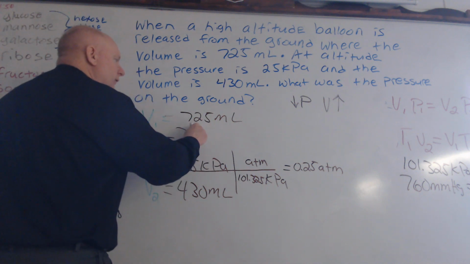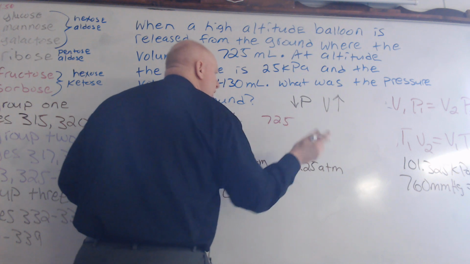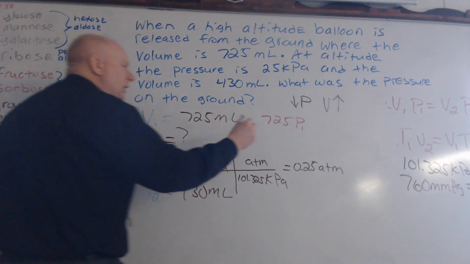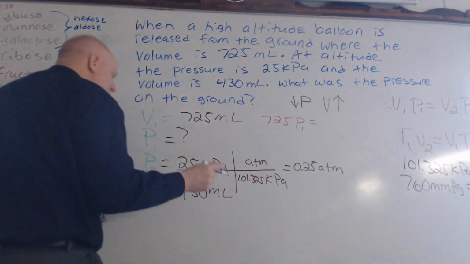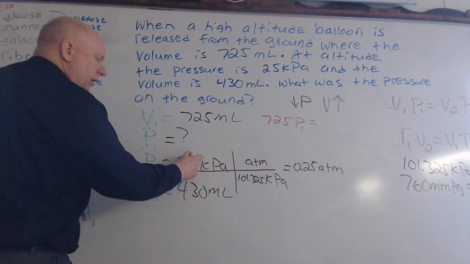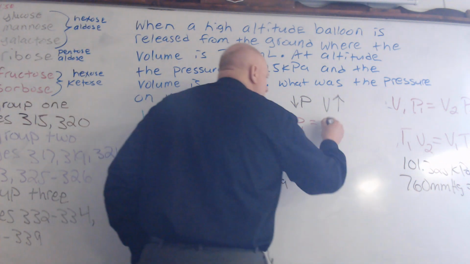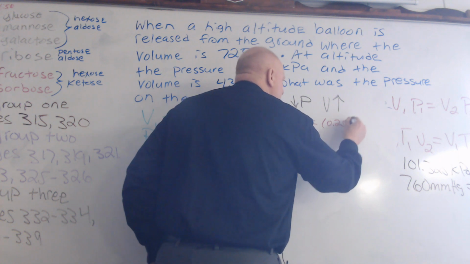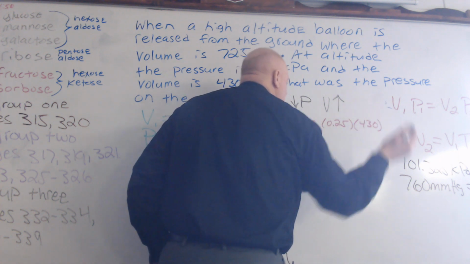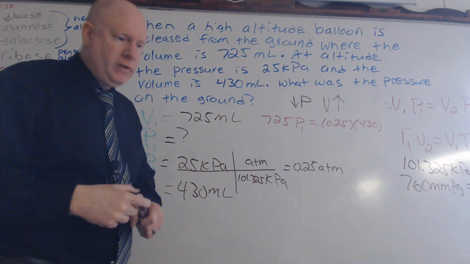Volume 1, 725, times pressure 1, but we don't know that because we've got a question mark here, equals our second pressure times our second volume. Well, we converted kilopascals to atmospheres, so we've got 0.25 times 430.